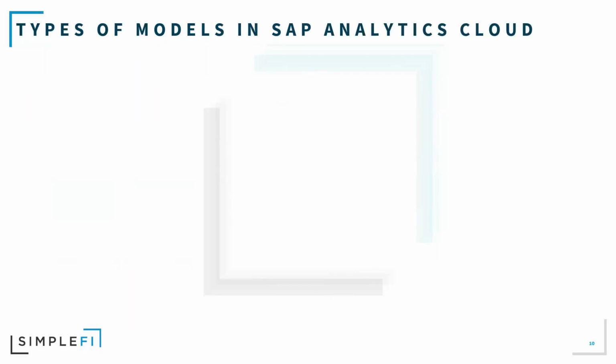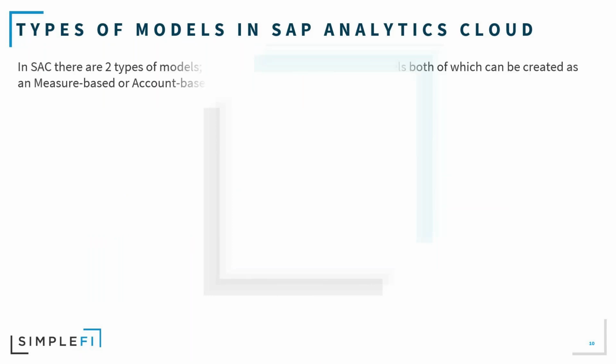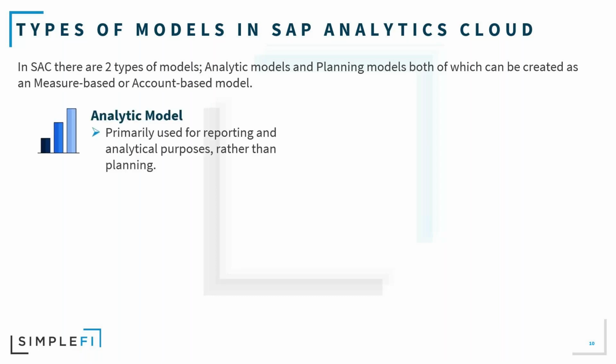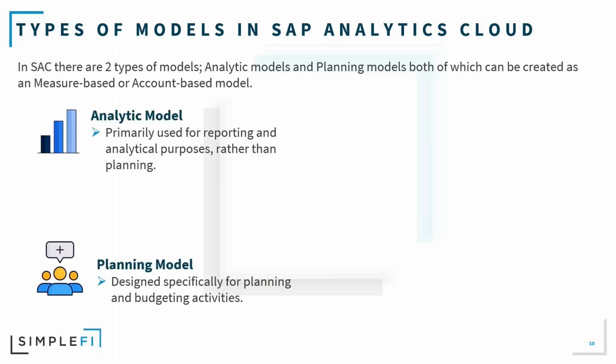Let's take a look at the types of models. In SAC, you have the ability to create two types of models. You have an analytic model, which is a fully featured model that contains data. They are a flexible type of model and typically used to analyze data to look for trends and anomalies. These models can be used with live data connections to analyze your data within SAP Analytics Cloud.